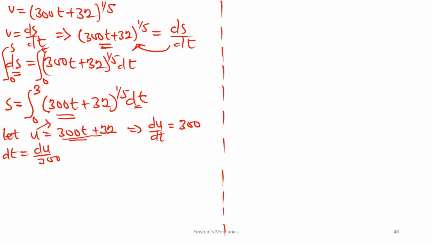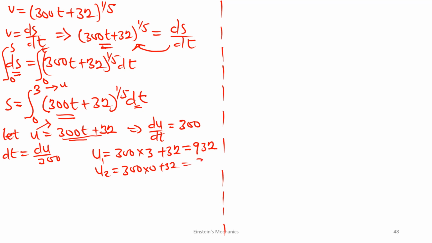So if u is 300t plus 32, the upper one, by t, which is 3, so 300 times 3 plus 32, meaning the upper limit is changing to 932. Now the lower limit is also going to be the 300, which is the u, by what? 0 plus 32, meaning the lower limit is 32.